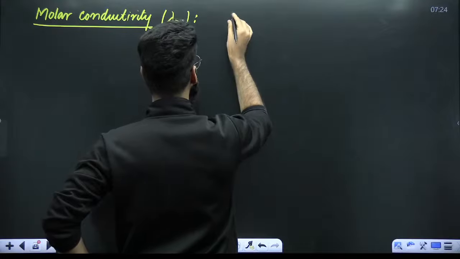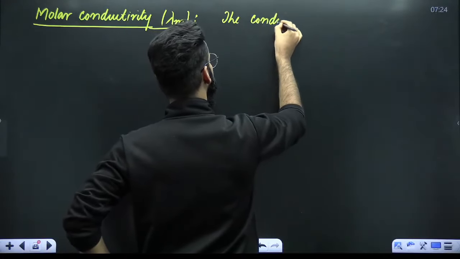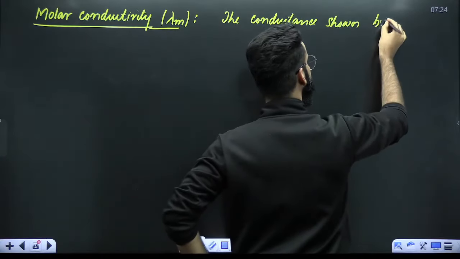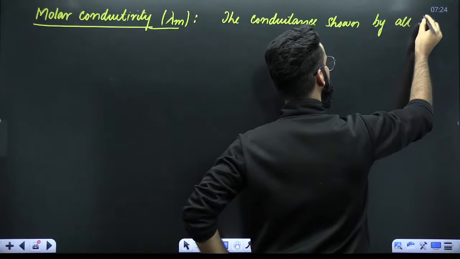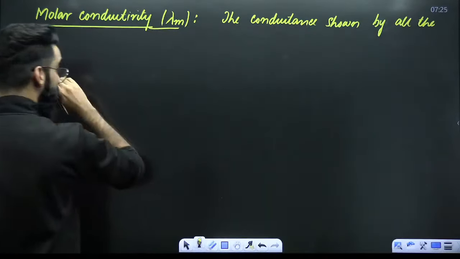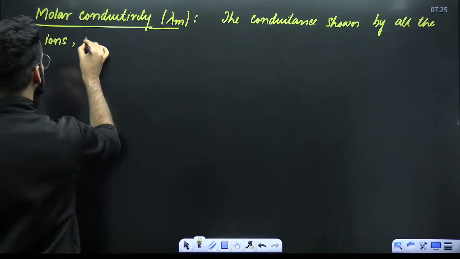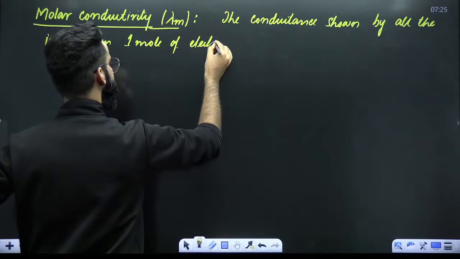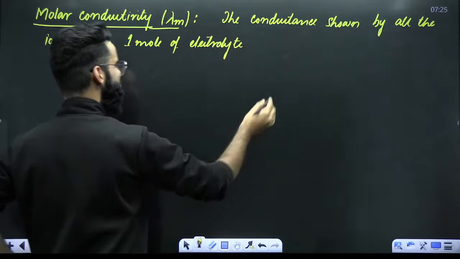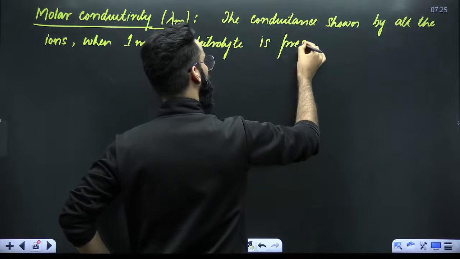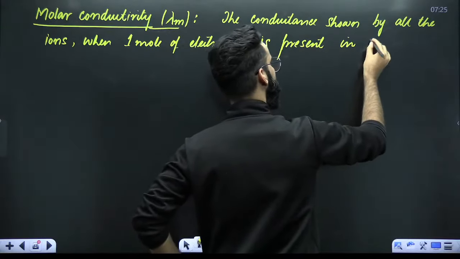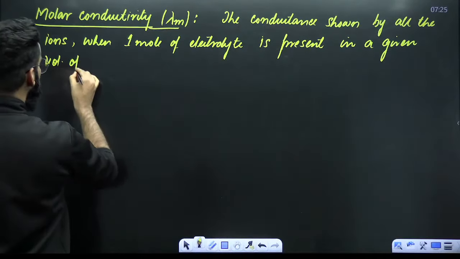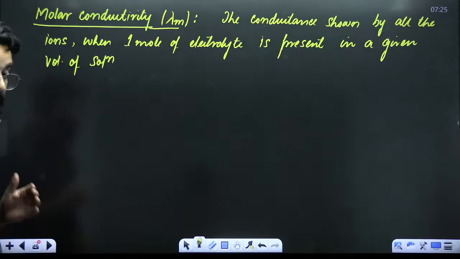Molar conductivity lambda m is defined as the conductance shown by all the ions when 1 mole of electrolyte is present in a given volume of solution. Try to understand what it means exactly.